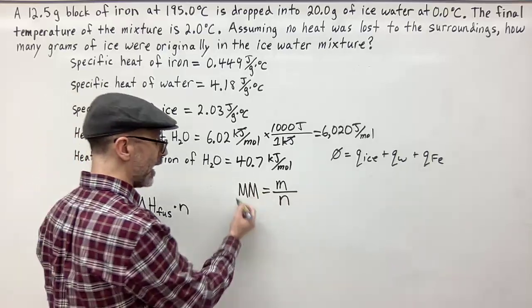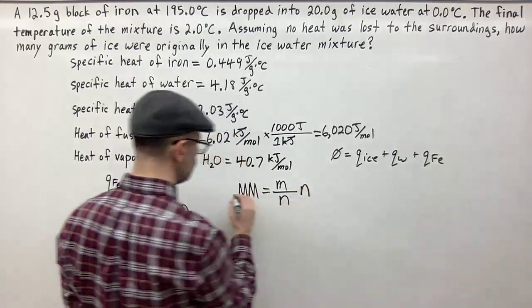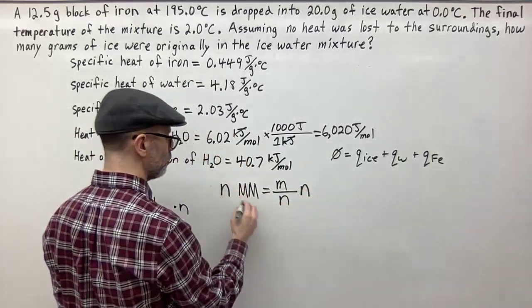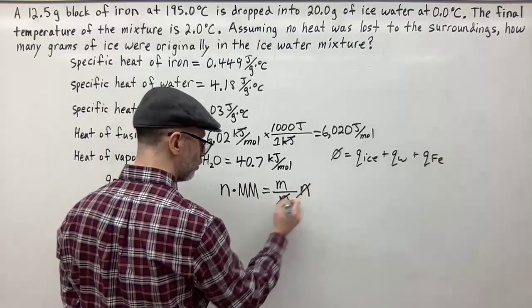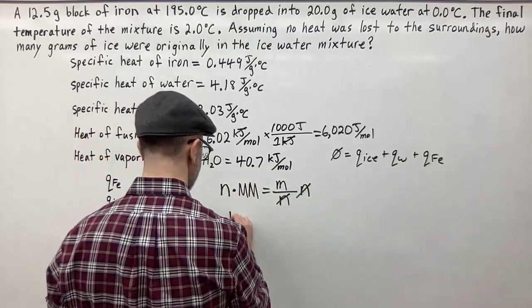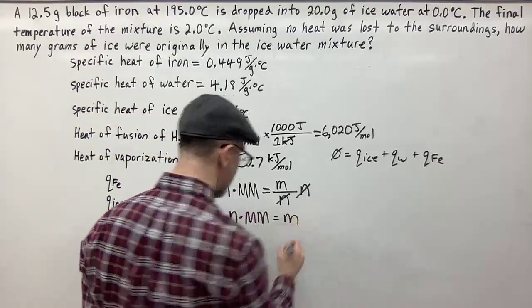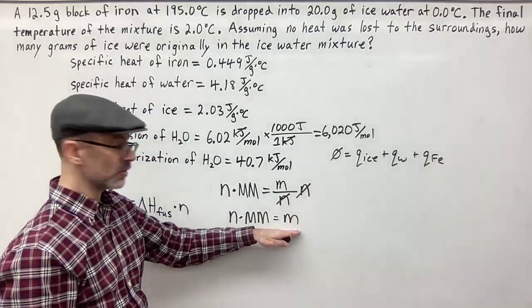So I can manipulate this formula. I can multiply both sides by n, which is the number of moles. So that cancels out. Now I can get n by itself, right? So I get n times the molar mass is equal to the mass in grams.